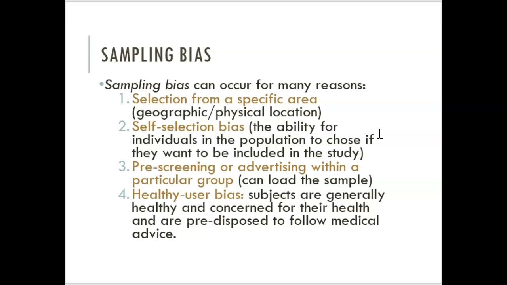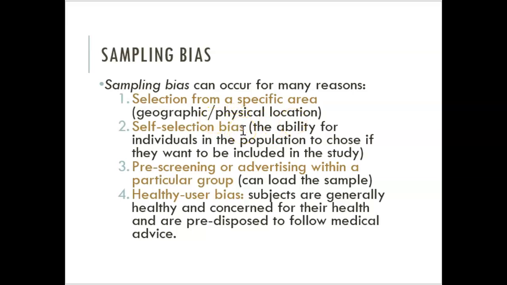Everyone else who didn't really care about this topic did not participate in the study. So that's self-selection bias, where only those that feel very strongly about the topic of legalizing marijuana were the people that participated. And that's not good enough.